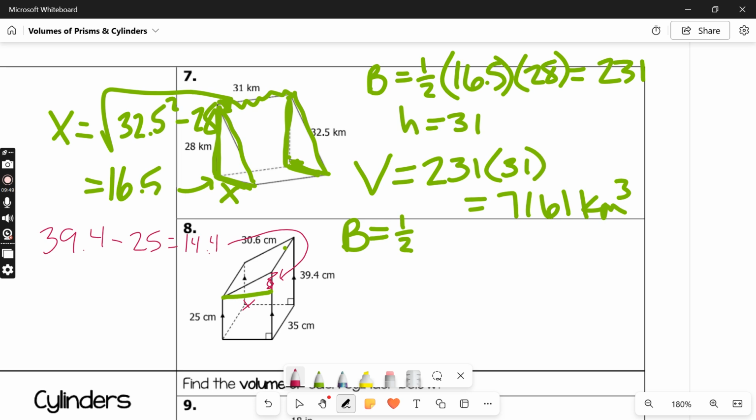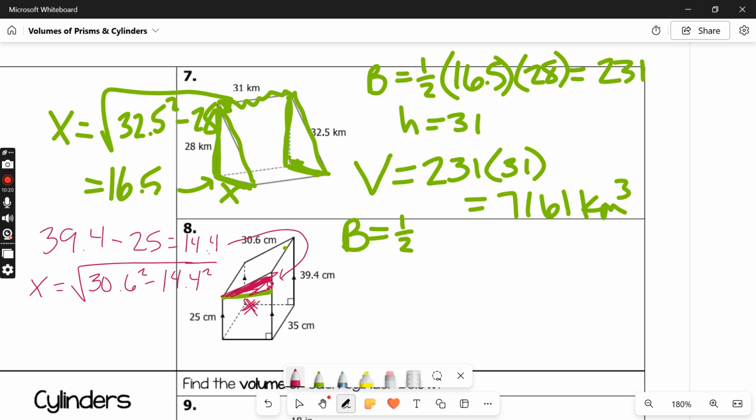That piece right there. Okay, and the reason why I'm doing that is because once I do that, I have a right triangle right here and I can find x. So the way that I'm going to find x is I'm going to say the square root of that hypotenuse right here, 30.6, minus the 14.4 squared.